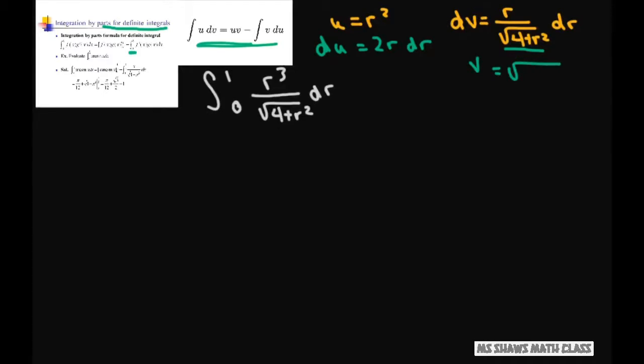We're going to let, therefore, dv be r divided by the square root of 4 plus r squared dr. And therefore, the derivative of u is going to be 2r dr, and the antiderivative of this portion is just going to be the square root of 4 plus r squared.